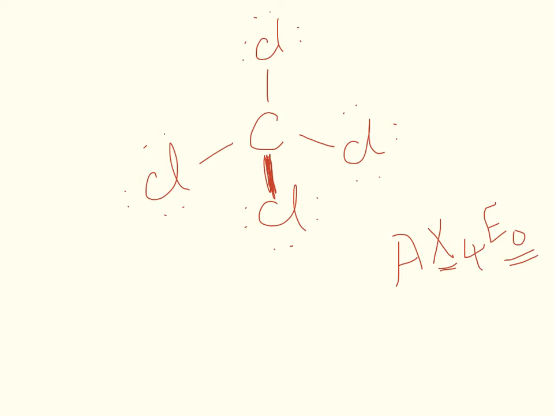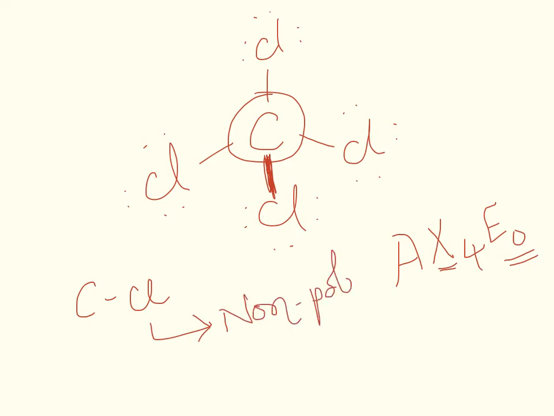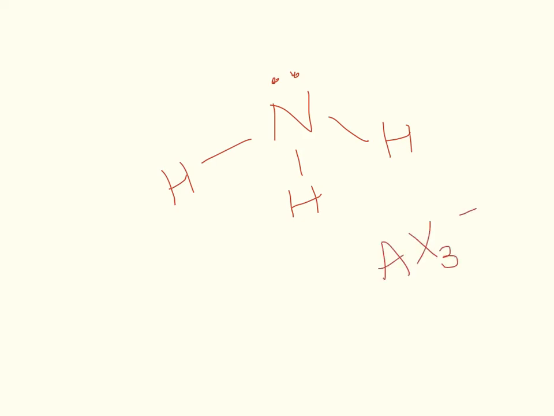Now, the C-Cl bonds are symmetrically arranged around the carbon atom. So this is a non-polar molecule. Whereas in a system like this one, ammonia, this is of the type AX3E1.